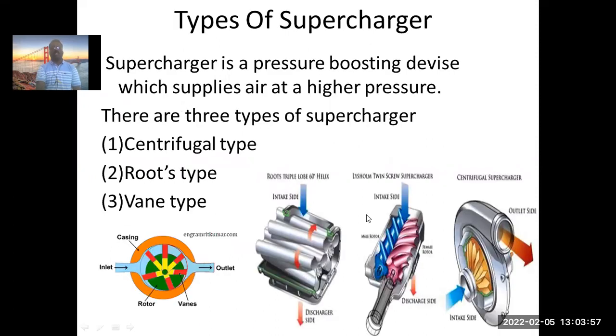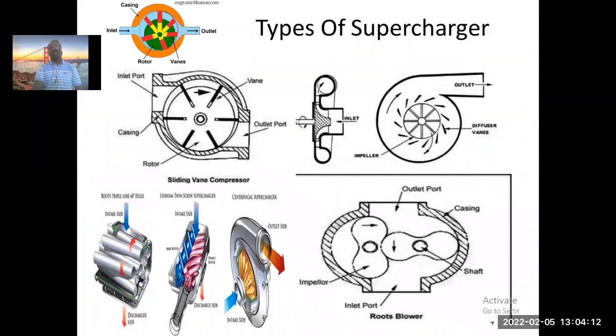And here we said these are the different types of superchargers. We call them pressure boosters, or superchargers as they are technically called. They can be centrifugal type, Roots type or vane type. All these things you are learning in the fluid machinery subject, where you will learn in detail how they work, what their constructional details are, what the different components are, and so on.